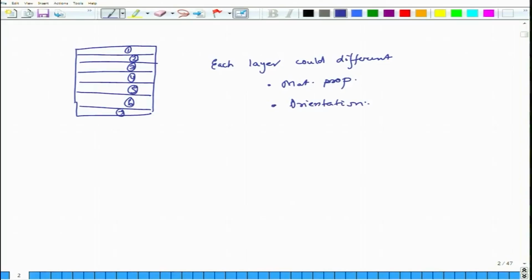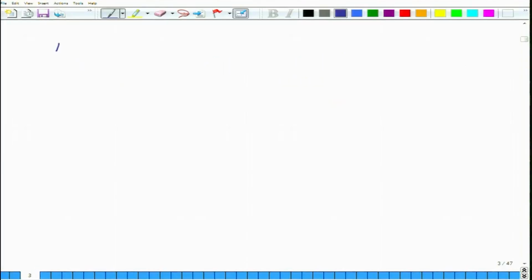So, what we will learn is a method to predict the stiffness of a thick laminate, and also later we will learn how to predict failure in such laminates. We will make certain assumptions before we start developing this theory.